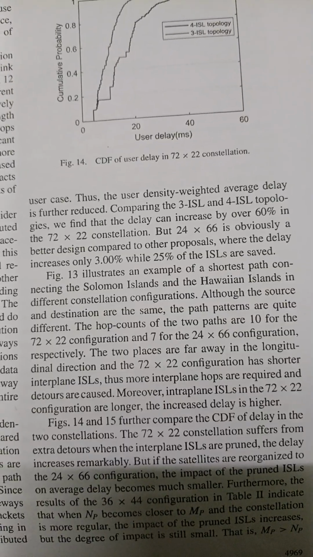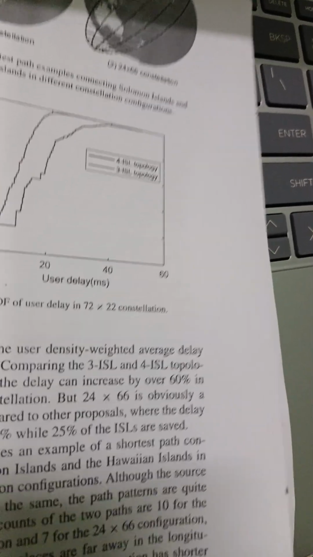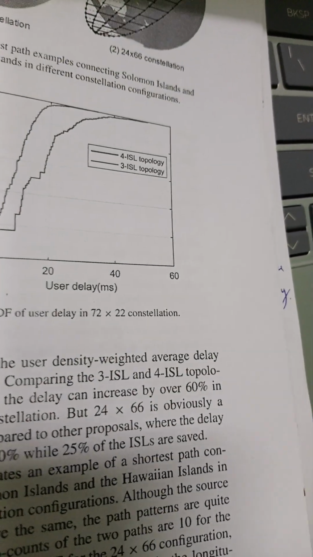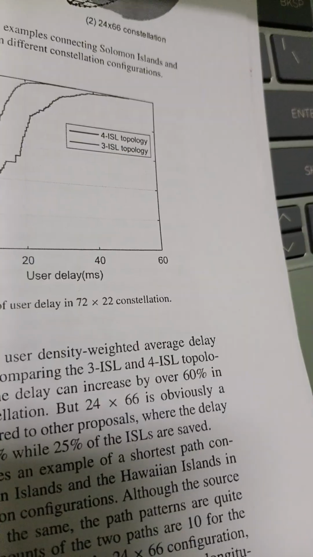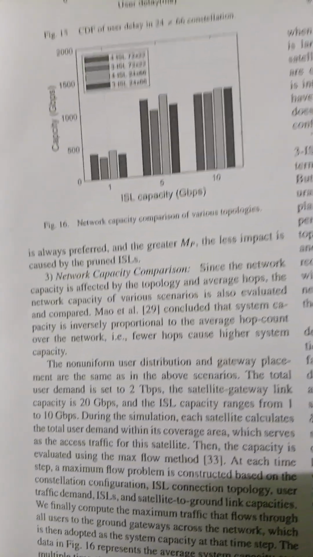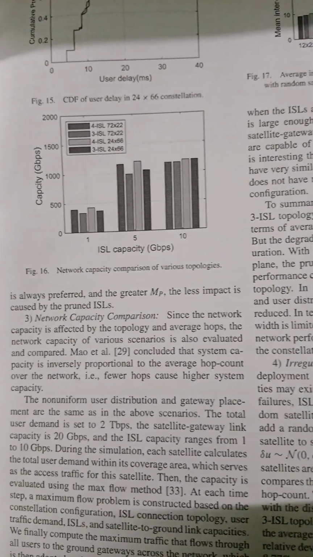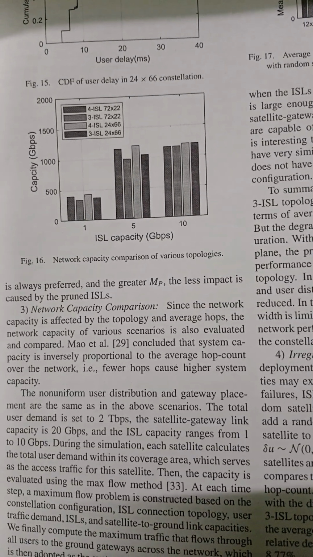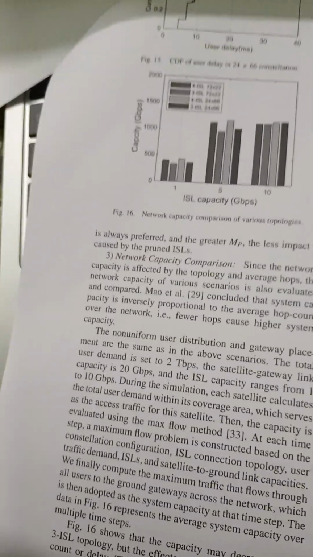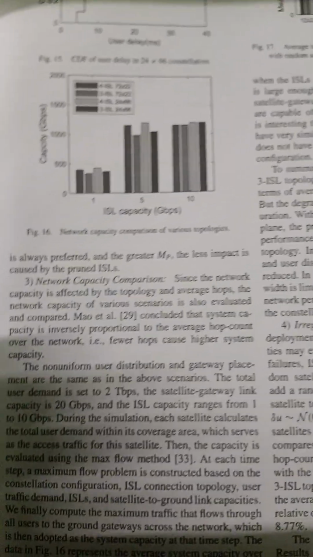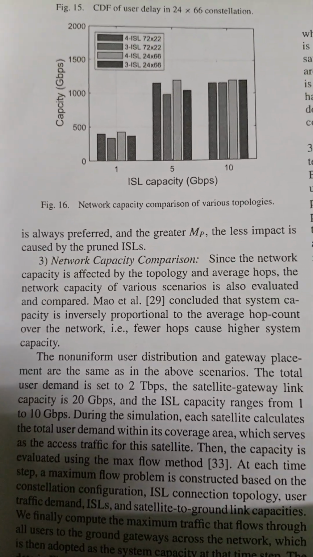That is, MP greater than NP is always preferred, and the greater MP, the less impact is caused by pruned ISLs.